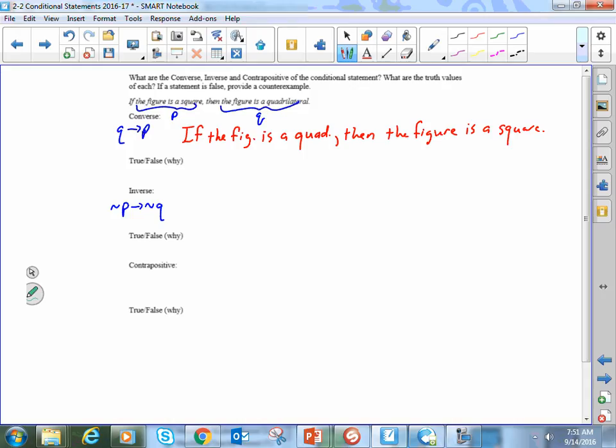So if the figure is not a square, is how I'll start the inverse. If the figure is not a square, then, and we have to negate the conclusion also, it is not a quadrilateral.